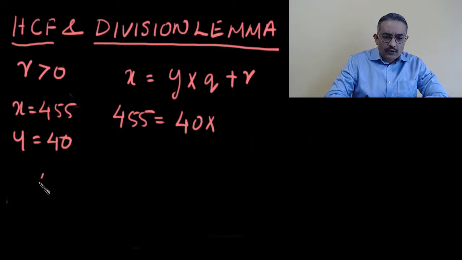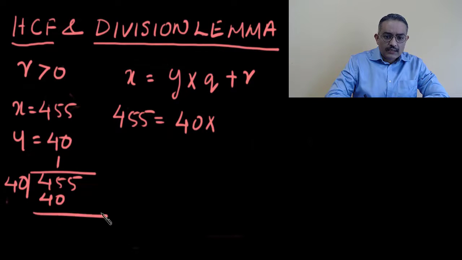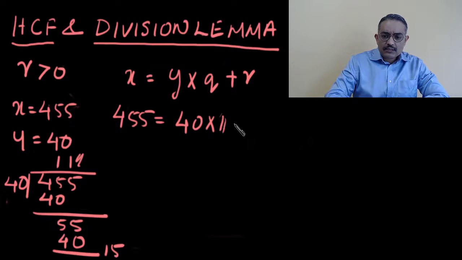So 455 divided by 40, you're going to get 11, and then you are going to get 40, and that leaves us with 15 right here. So what we have here is this 11 in here plus this 15 in here.